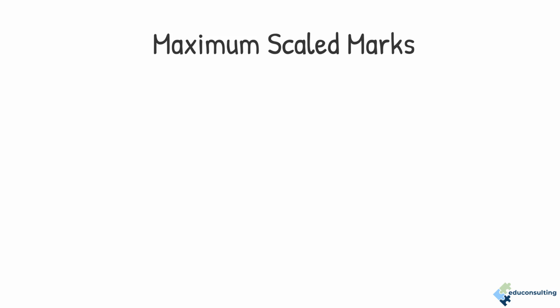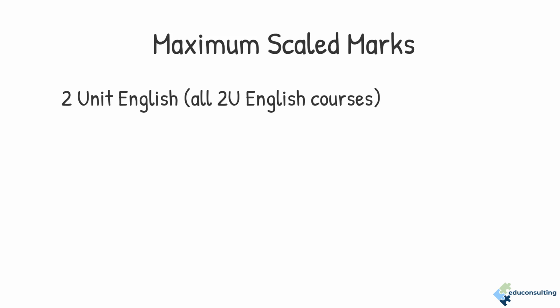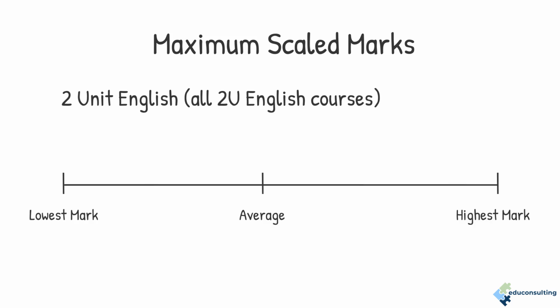To calculate the maximum scaled score available for each subject, UAC uses English as a base. It is important to note straight away that the maximum scaled score available for each subject is not determined by the highest achieving students in that subject. It's actually determined by the average and by English. So what UAC does is they take all 2-unit English scores. So it includes your Advanced English and your Standard English and your English Studies and your English EALD.